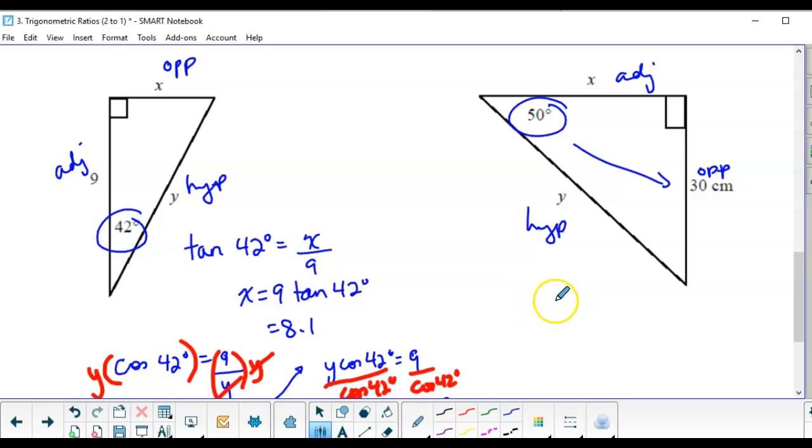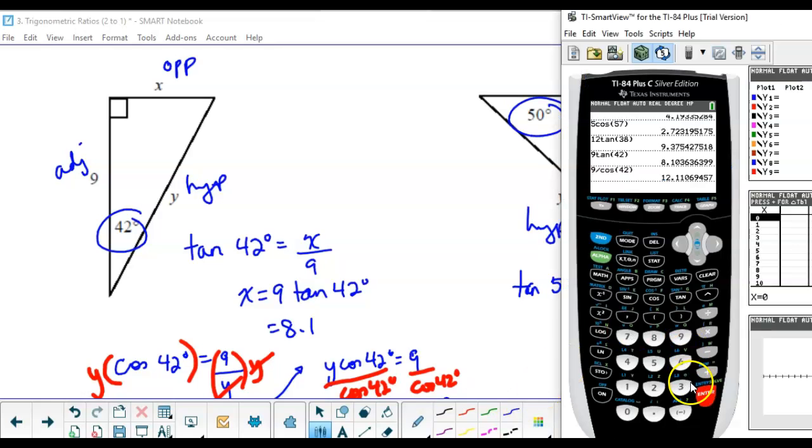So this one here, we've got 50. This is opposite, this is adjacent, and this is hypotenuse. So I'm going to have to use opposite. I can use adjacent for tan. So tan of 50 is 30 over x. Again, our unknown is in the denominator, so we're going to have to divide 30 by tan.